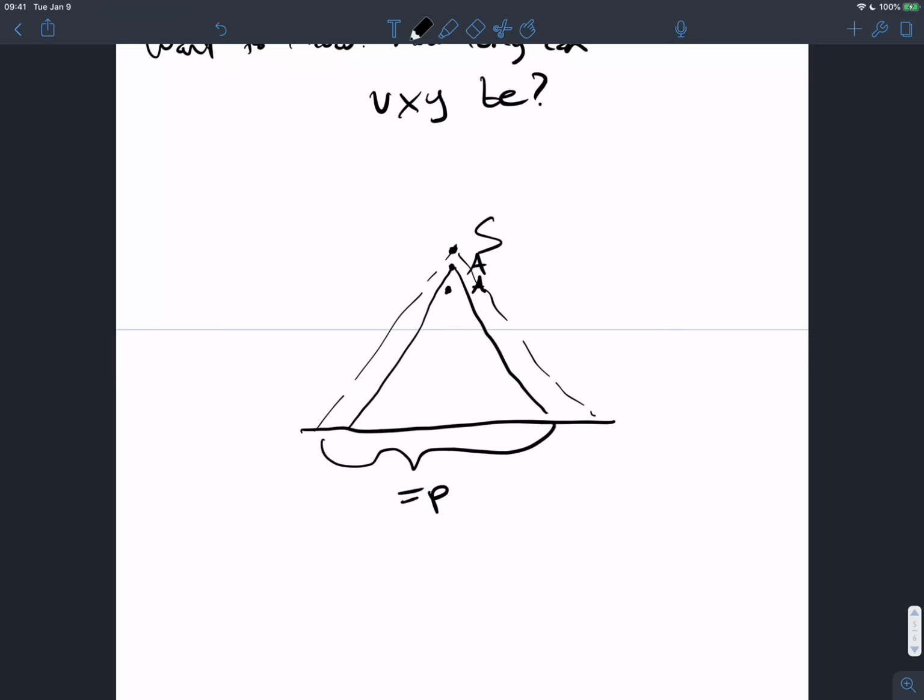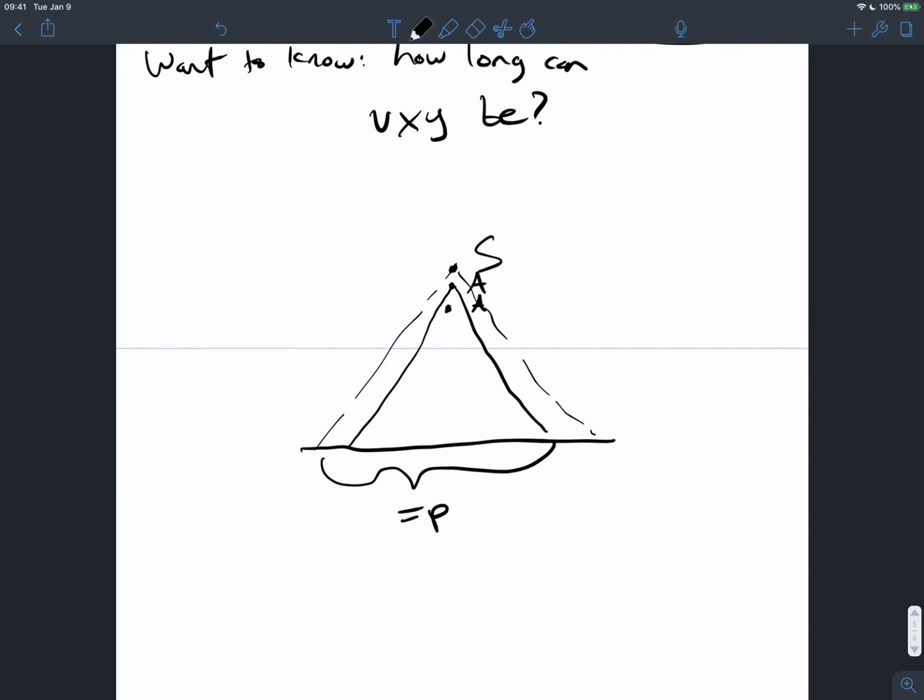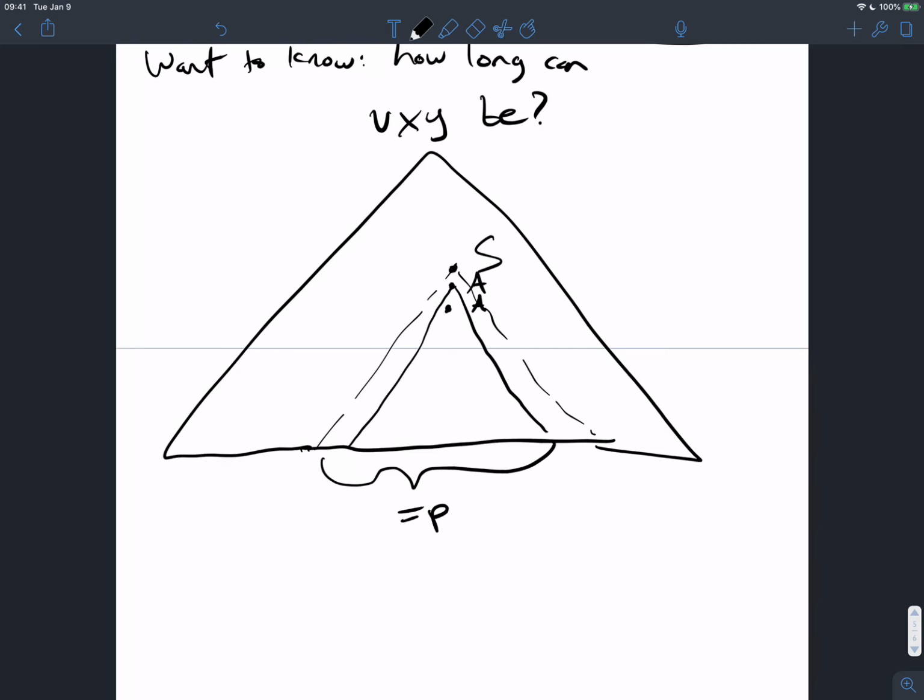Could the top occurrence of A in this situation make more than p characters? No, because the entire string is p characters. If we went back to our larger picture and I just looked at this little parse tree where it makes exactly p characters, or at least p characters, then what has to happen? If I look at the top occurrence of A here, then it can't make more than p characters by definition.